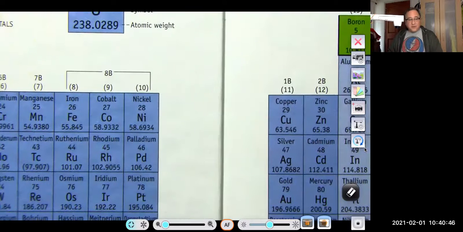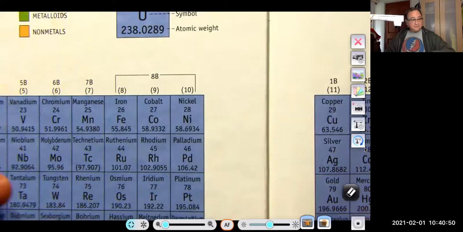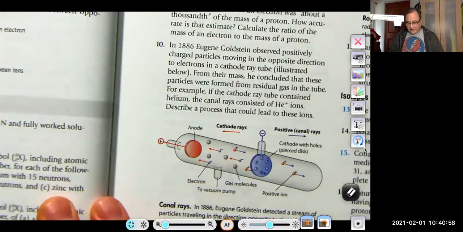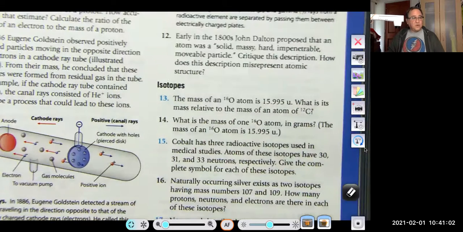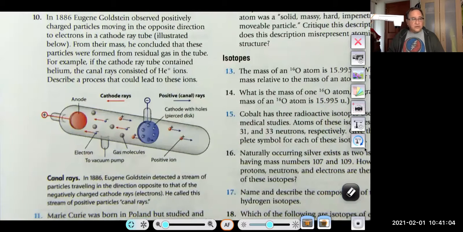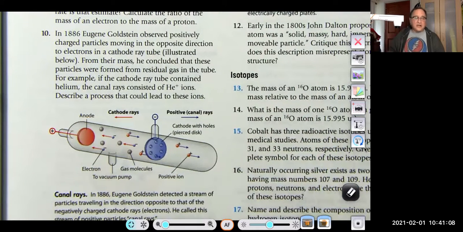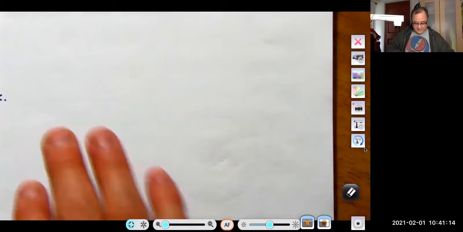If you knocked a proton off of technetium, it'd be molybdenum instead of technetium. And that's not chemistry. Chemistry is not the nucleus changing. It's the electrons around the nucleus changing. So that's number 10. So what could possibly have knocked all those electrons and made a positive ion? Knock an electron off. Okay, so let's put that off to the side. We're done with number 10.